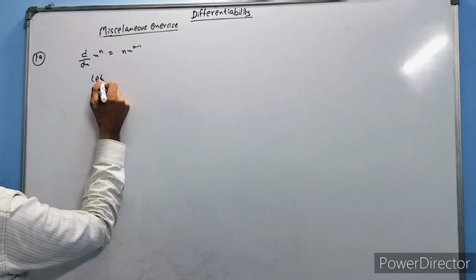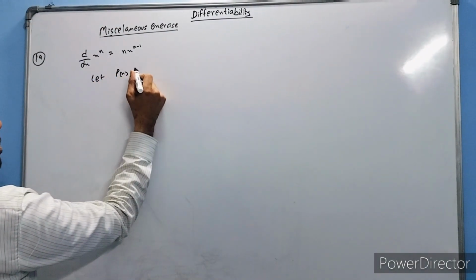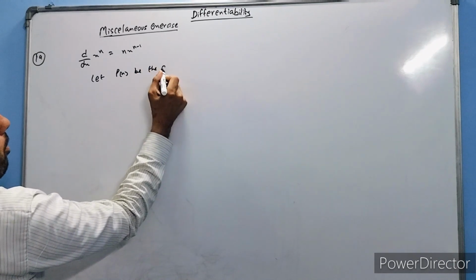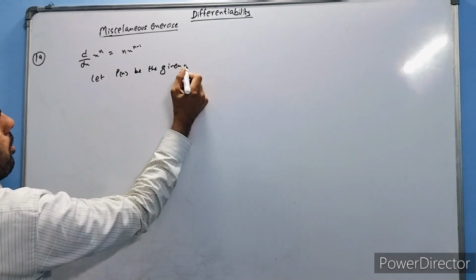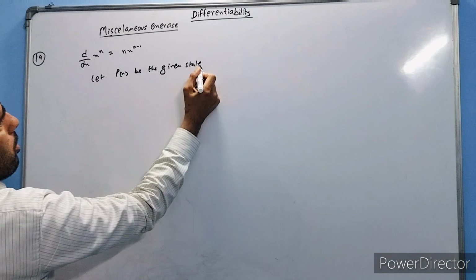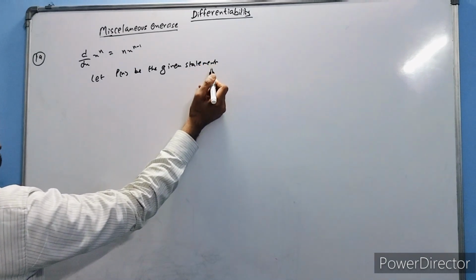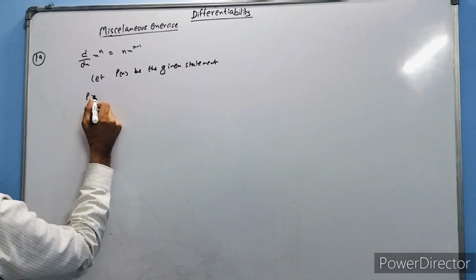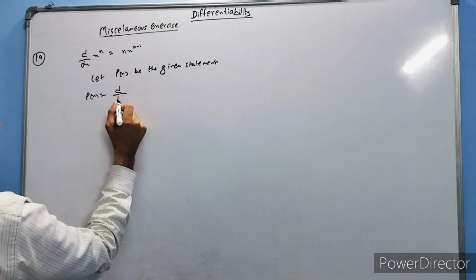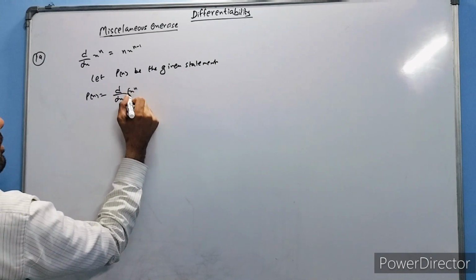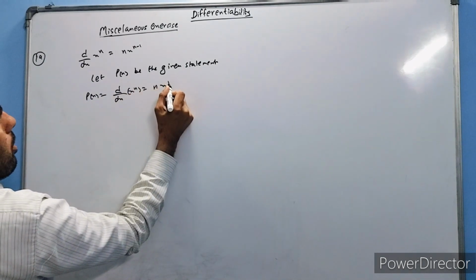Let Pn be the given statement. So we have Pn: d by dx of x power n is equal to n x power n minus 1.